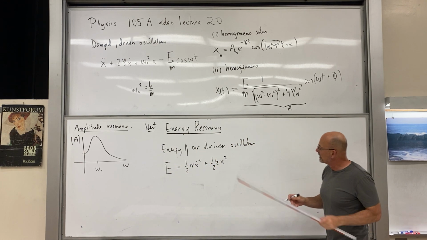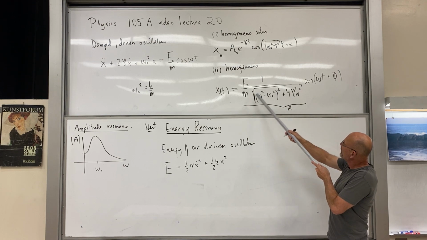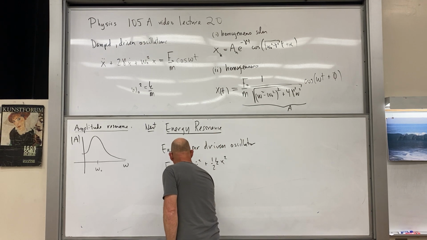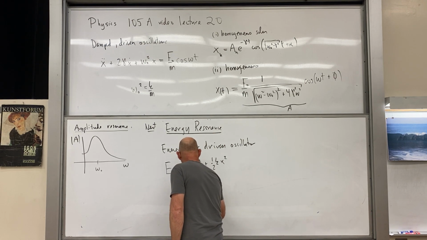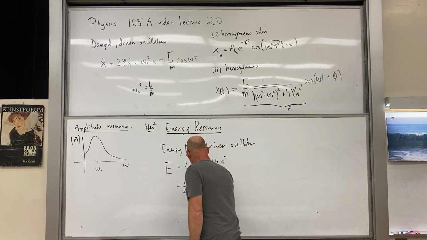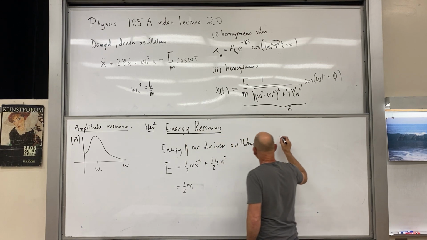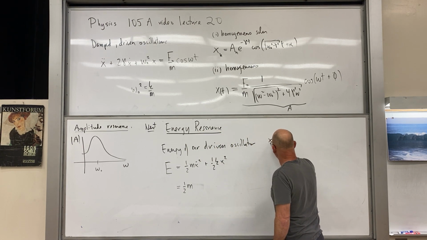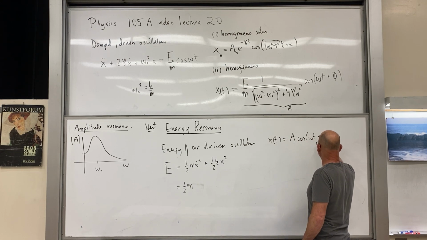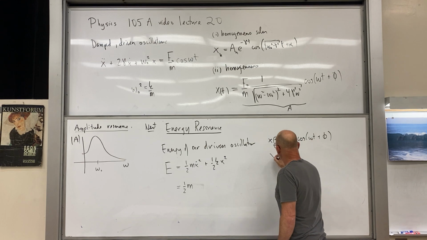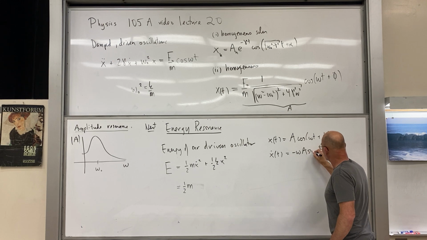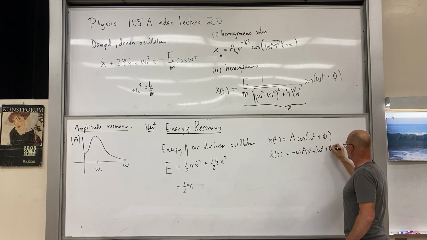So here is our x dot squared. We're just going to say we have equals 1/2 m, and then this is A cos(omega t plus phi). So x of t equals A cos(omega t plus phi), x dot of t is equal to minus omega A sine(omega t plus phi).